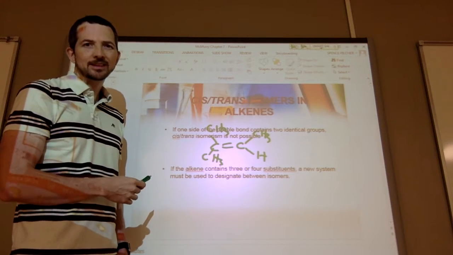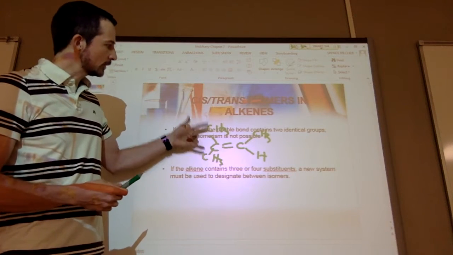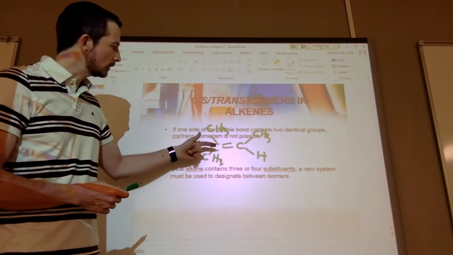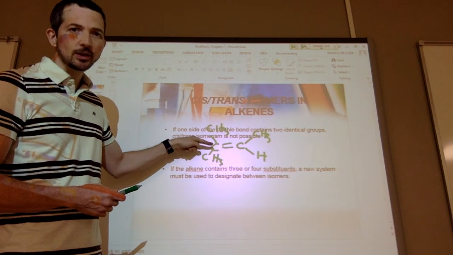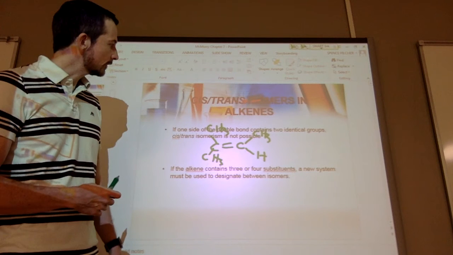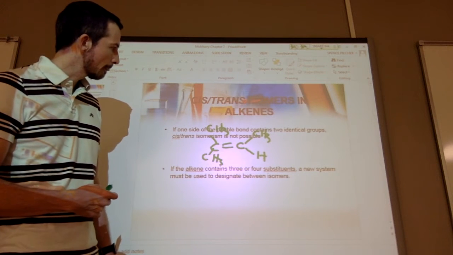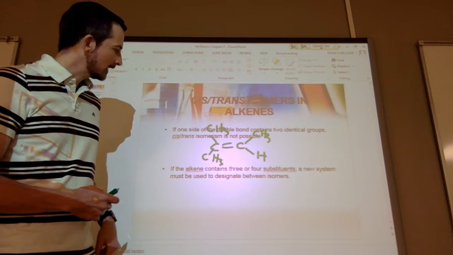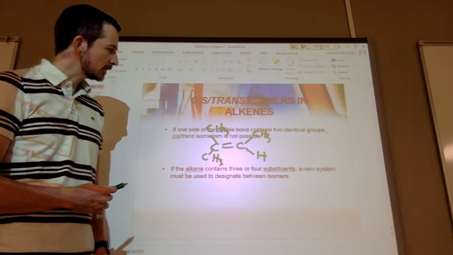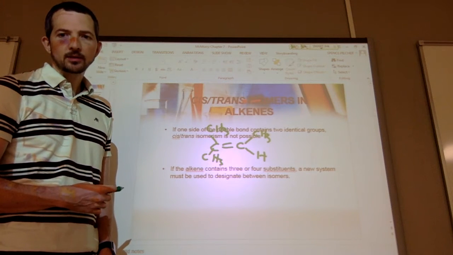So you can't have cis-trans isomers, because if you switch those two groups around, it's the exact same thing again. So if two identical groups are attached to one carbon of the double bond, cis-trans isomerism is not possible.